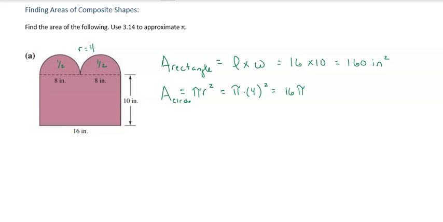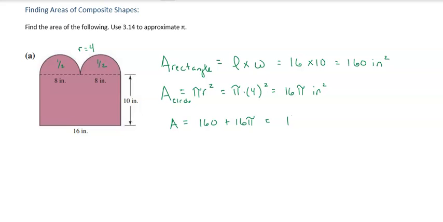All right, so we can have 2 different answers here. The area of the whole thing is going to be the area of the rectangle plus the area of the circle. So 160 inches squared, oh, by the way, this is inches squared, plus 16 pi. That's going to be the exact answer if they wanted an exact answer.